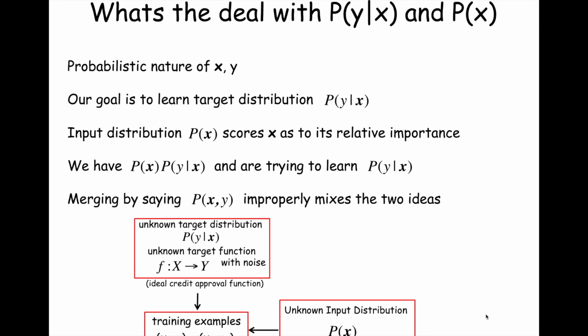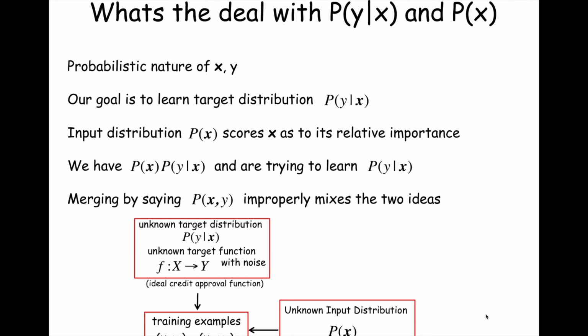And so if a certain feature value is important, by definition, it's going to appear more, and therefore its probability is going to be higher. So you can think of this P of X as being a scoring mechanism that says the score is higher, the probability, if this particular feature value is more important than the others, right?